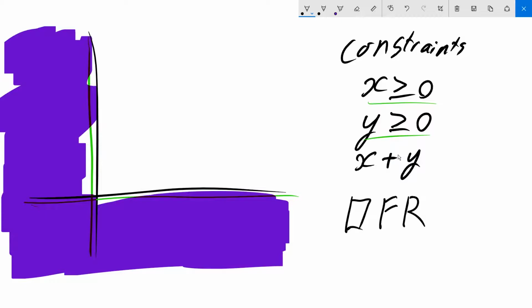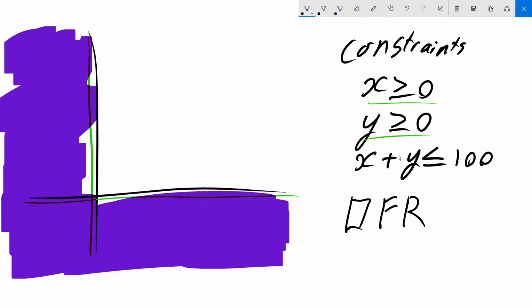Well, then we can say that X plus Y has to be some sort of amount. So let's say we can ship 100 per week. Let's say that was our constraint. So if we can only ship 100 a week, how much should we sell of both type X and type Y paint to maximize profit for that week?